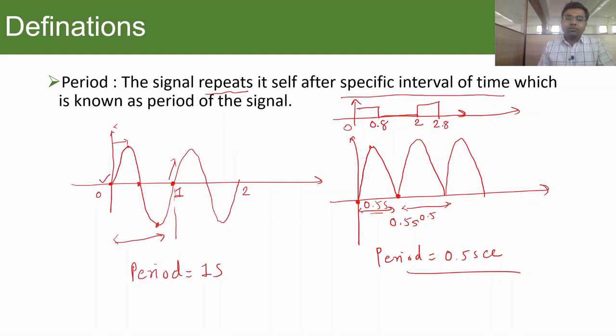Now if I observe this signal, here it started with 0, it has some peak value, then it settles on this value, then again back to 0, and from 0.8 second to 2 second its value is 0. So we don't have any signal. From this point to this point I don't have any repetition of the signal. So my signal gets repeated only after this particular duration, which is 2 seconds. So in this way my period would be 2 seconds. I hope it is clear.